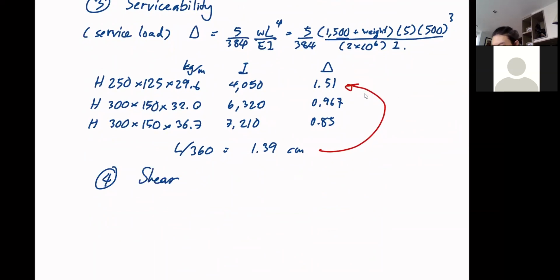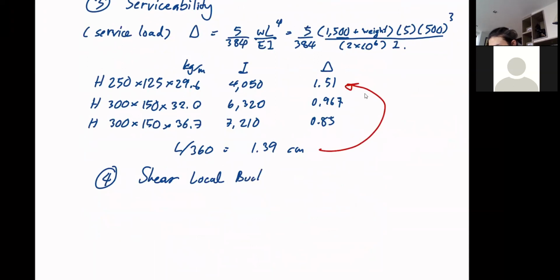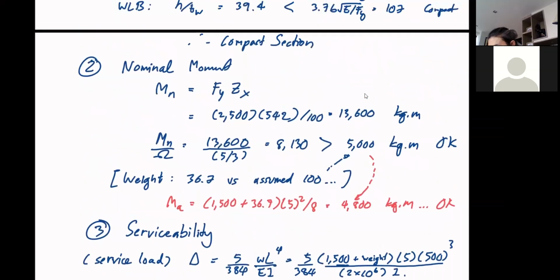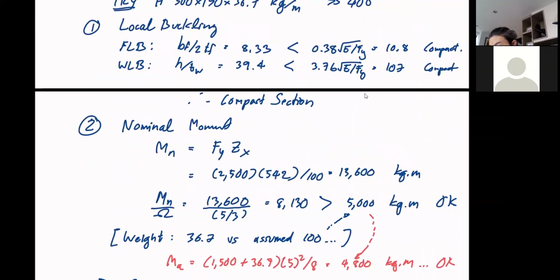Okay. So for shear now, say local buckling, and the H over TW, you already pick it up from somewhere, right? It is right here, 39.4.